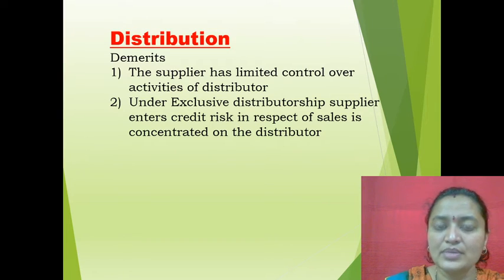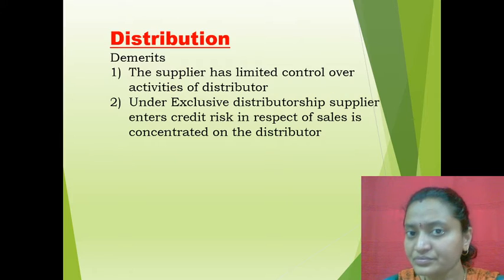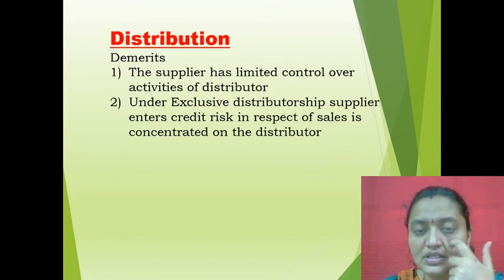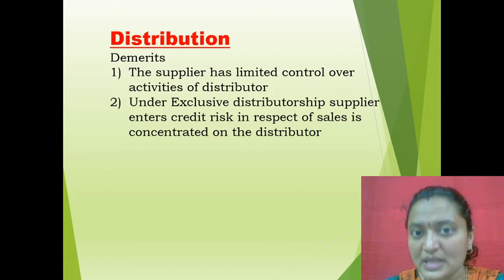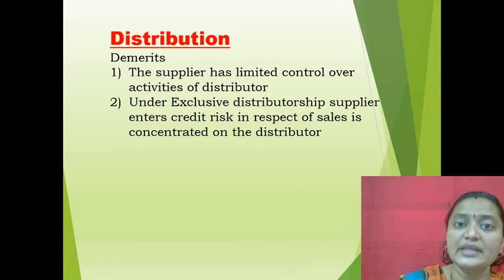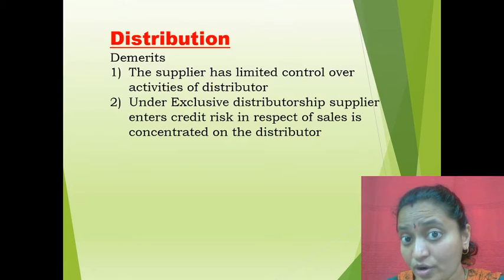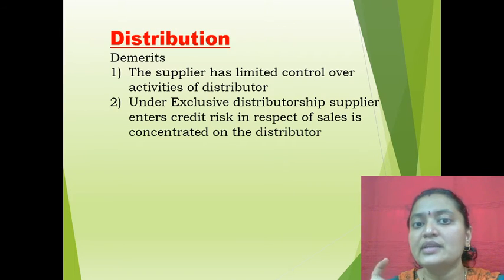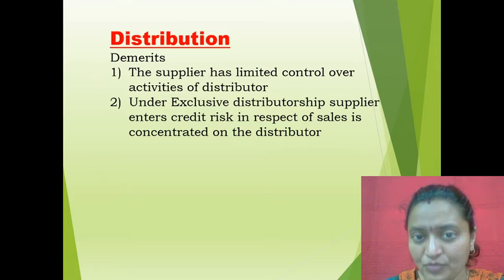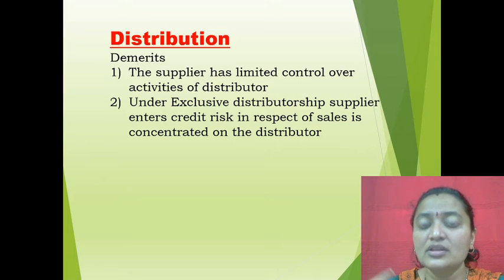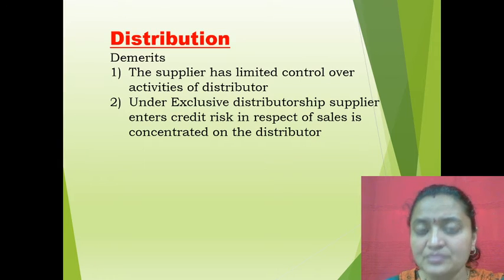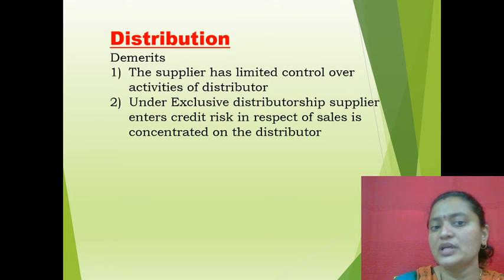Then under distributorship, the supplier bears credit risk in respect of sales concentrated on the distributor. As I've told you, when the distributor is distributing the goods to various places, he should keep in mind, when the order is placed, the quantity of goods, the quality, and the design.